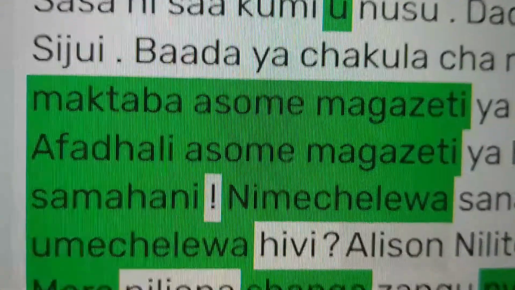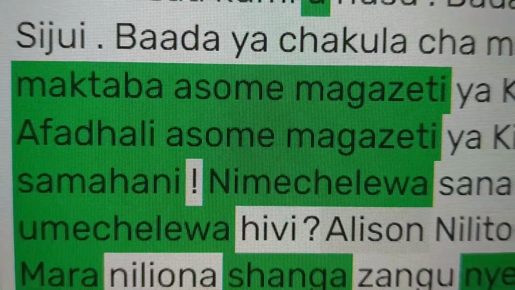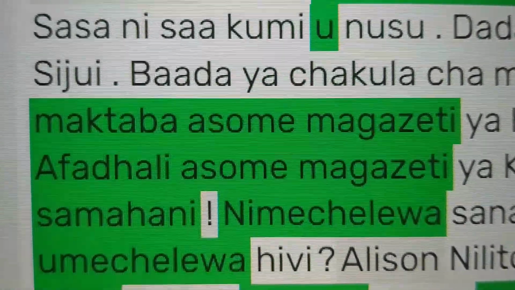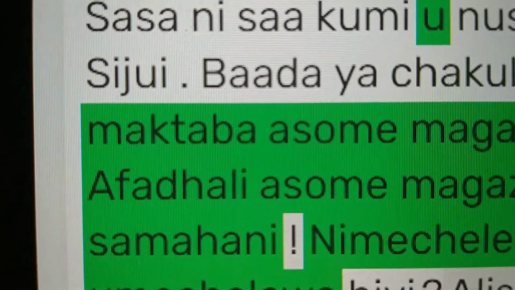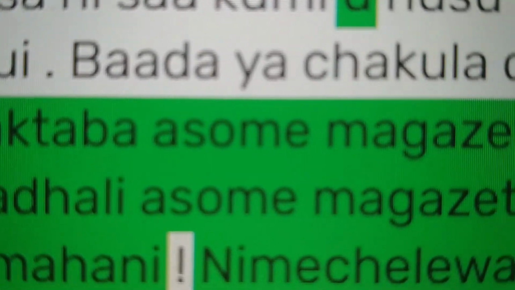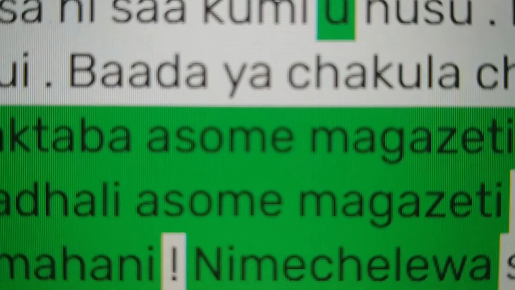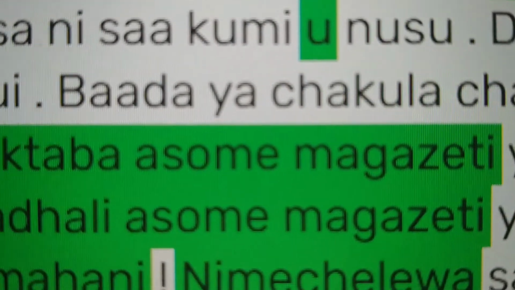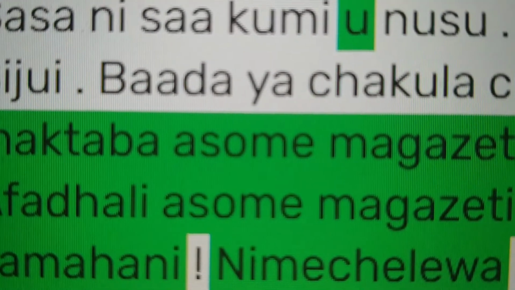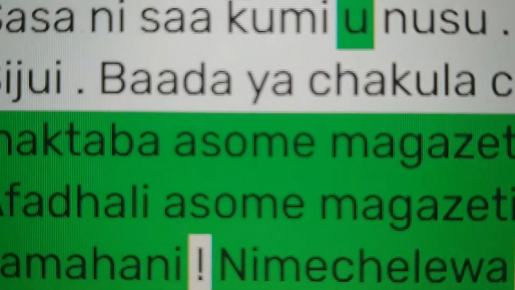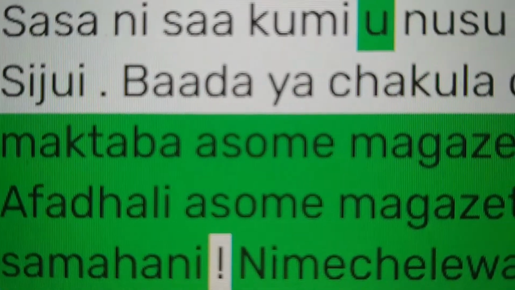I'm seeing two uses for one of the grammar points from the course that I knew was going to be a bit difficult. For example, here he said that his friend went to the maktaba, which is the library, asome, so that he can read. So asome usually would be like so he reads, maybe anasoma, but this is the one where you take the time thing away, so it's just asoma, and then you take the a and you replace it with an e, so asome. So I'm always noticing it to see.